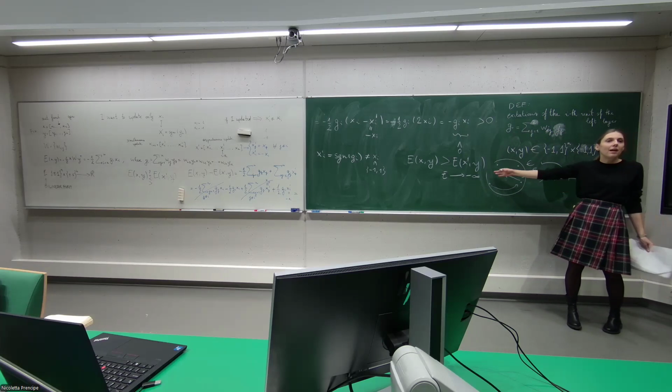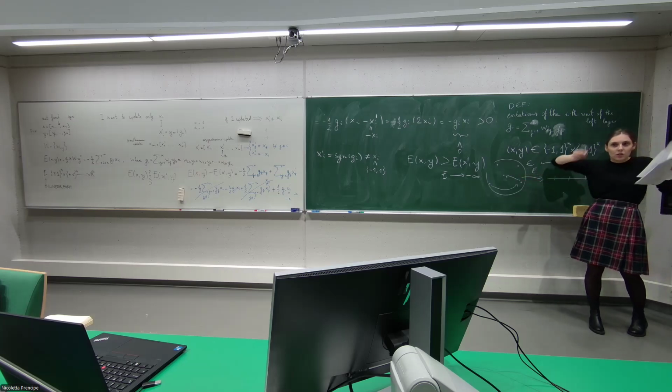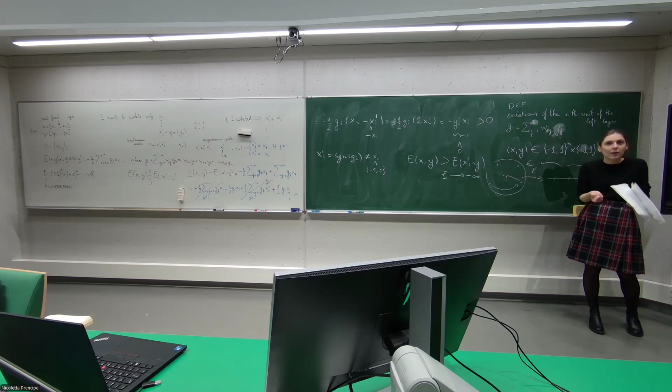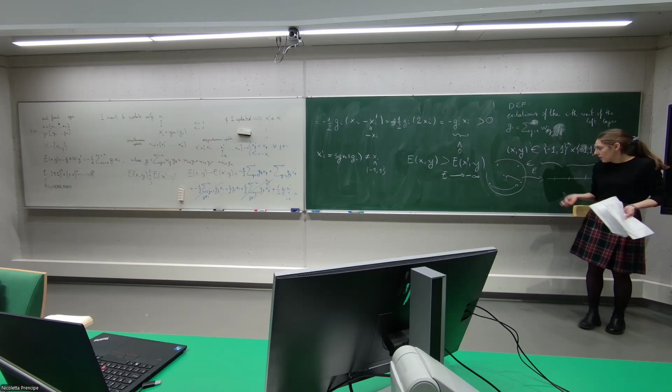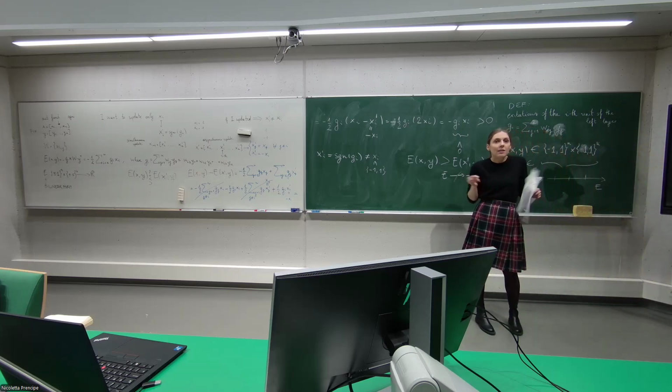But this is a finite set of points, so the energy has just a finite set of values it can take. So there is a minimum among those. I can calculate a minimum on a finite set. So the energy does not go to minus infinity, and so at some point the thing converges.